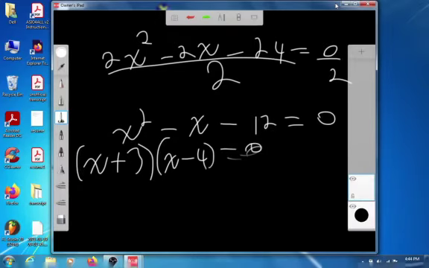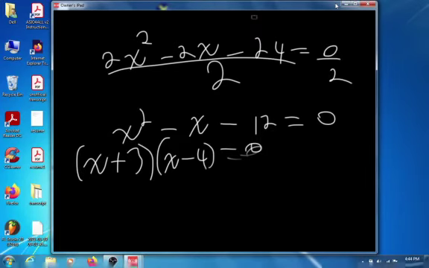So we factored it. Now we have to solve for x. So we know that these two binomials multiplied by each other equals 0. So that means that x minus 4 must be 0 or x plus 3 must be 0. Actually, either case is true.